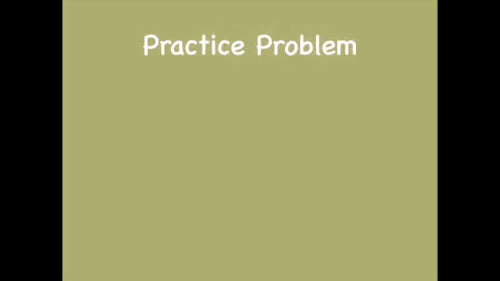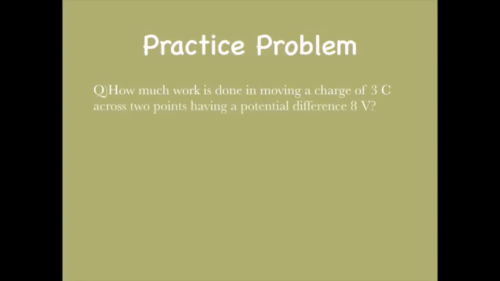Now let's solve two more problems on this particular concept of electric potential. The question here is: a charge of 3 coulomb and a potential difference of 8 volt is given, find the work done.